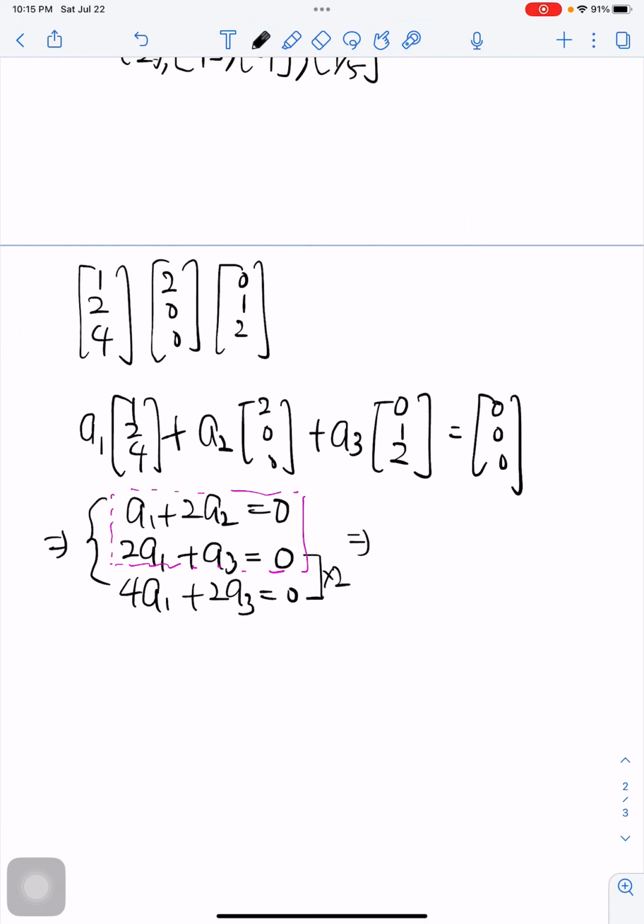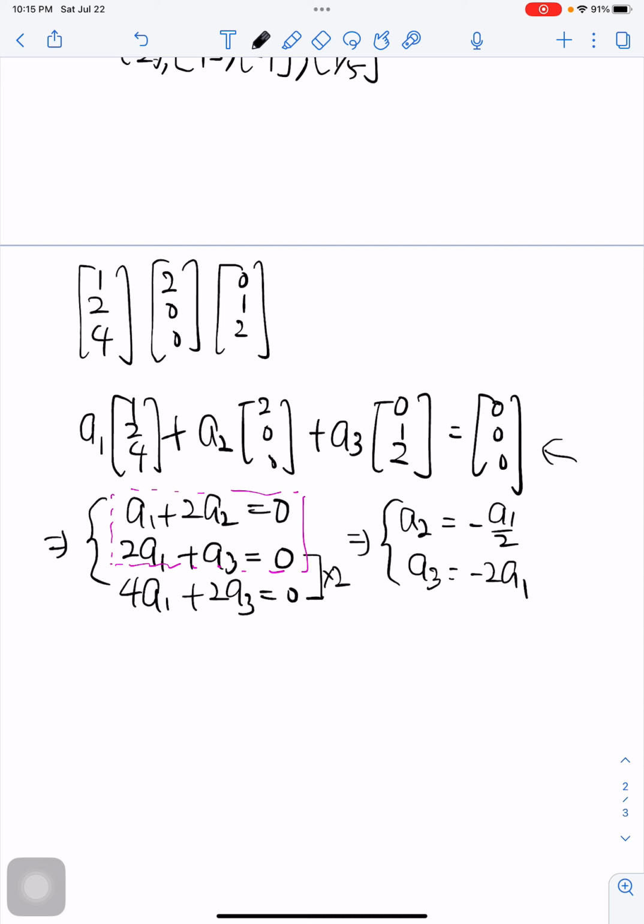These two equations give you A2 expressed in terms of A1, and A3 can also be expressed in terms of A1. Okay? So again, A1 is a free variable. After A1 has been determined, A2 and A3 can be determined accordingly. So these equations will have an infinite number of solutions.